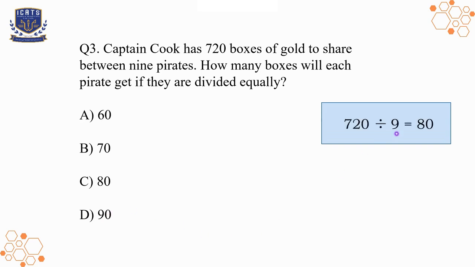We will see where 72 comes in the table of 9. 9 times what is 72? It's 8. So we will write 8 in the answer and the 0 will come as it is because we cannot balance it. So each pirate will get 80 boxes of gold. So we will select option C here.